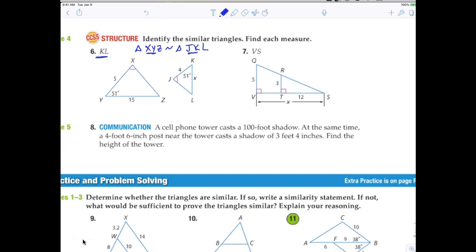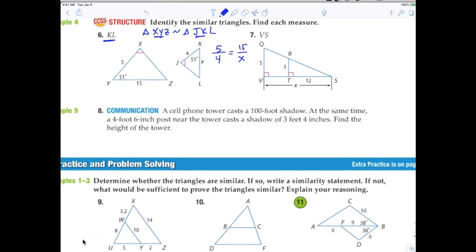JK. So XY over JK is equal to, now I have YZ. YZ corresponds to KL, which is X. It's really that simple.